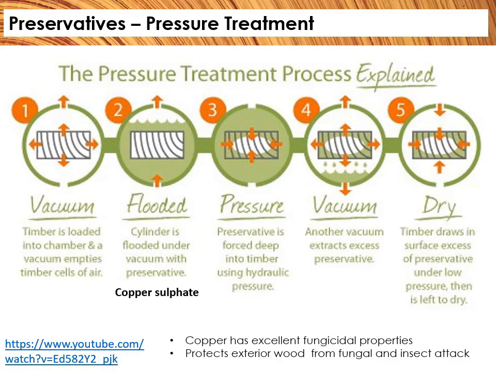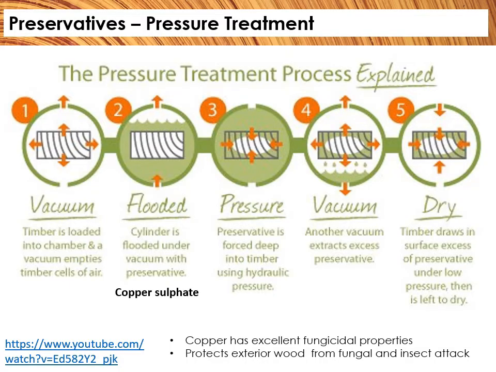Pressure treatment is a process used on timber that's going to be used outside, so for exterior wood. It is a process used mostly on softwoods. What it does is you take the material, the wood, and you put it into a chamber. This chamber is absolutely flooded with a preservative called copper sulfate.